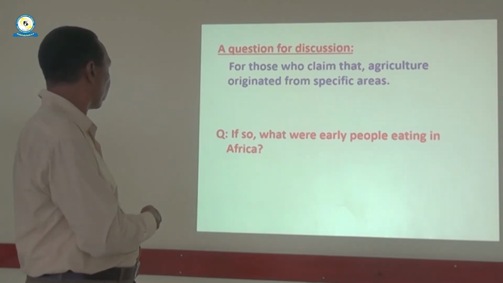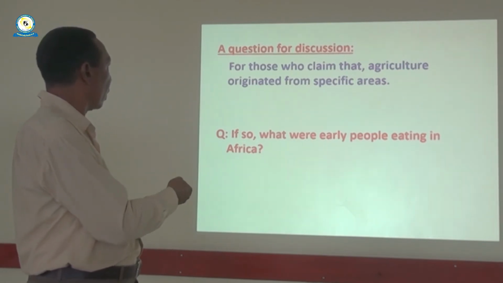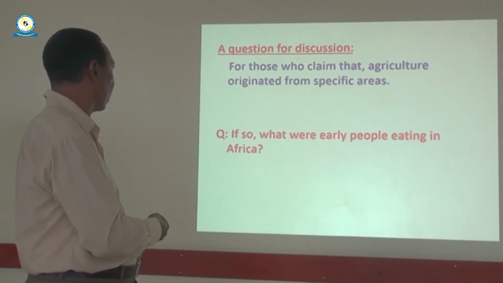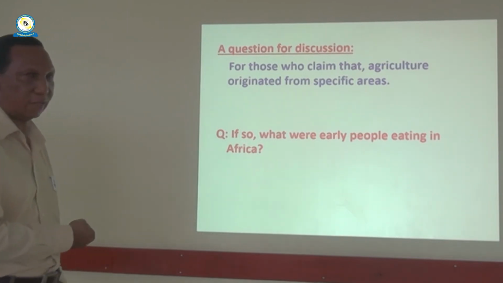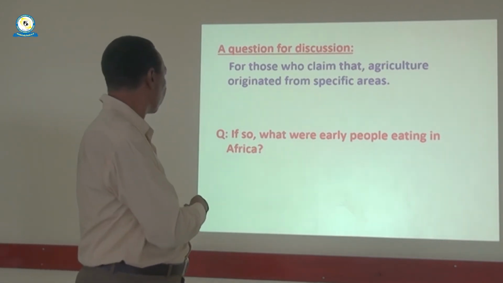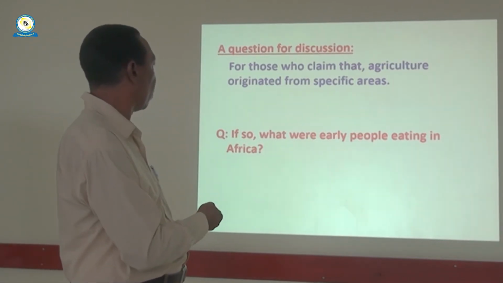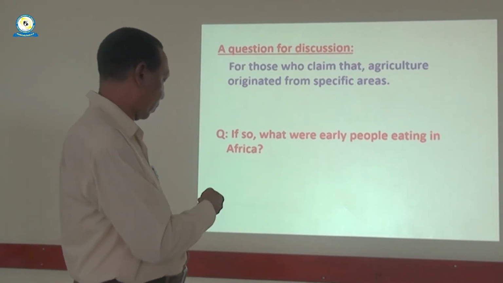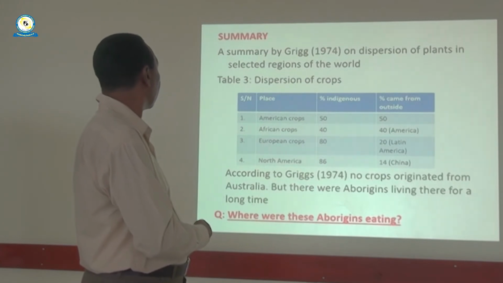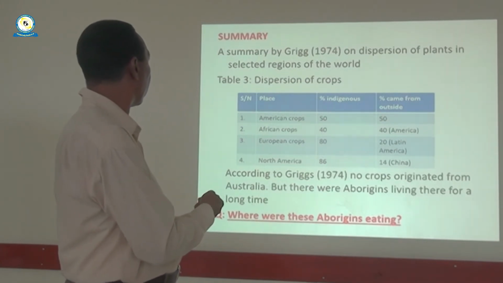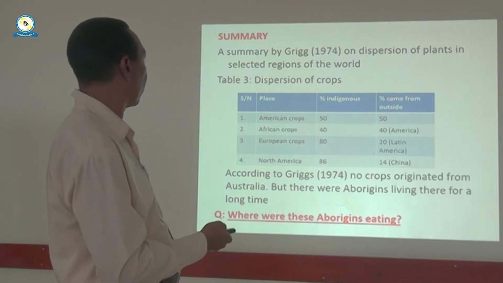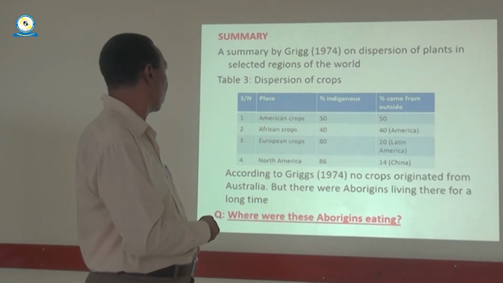For example, there is a question for discussion. For those who claim that agriculture originated from specific areas, I answered in a question form: if so, what were people eating in Africa? This is very interesting. Now, somebody here tries to show the special plants in the selected regions.